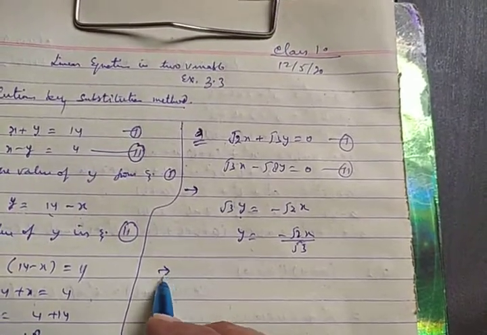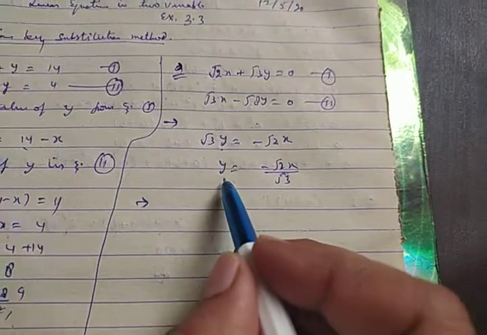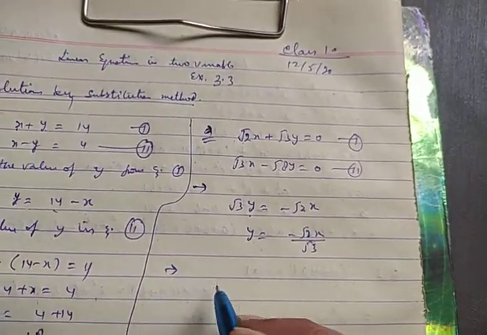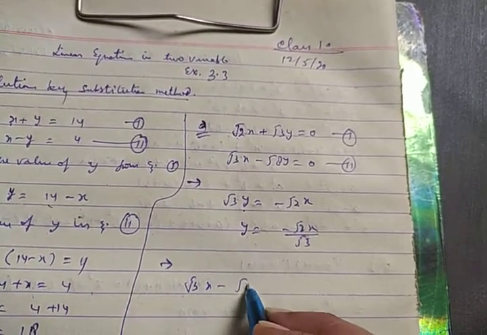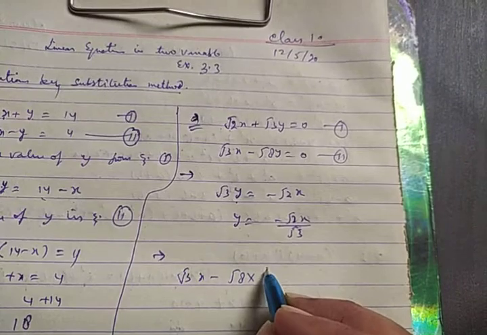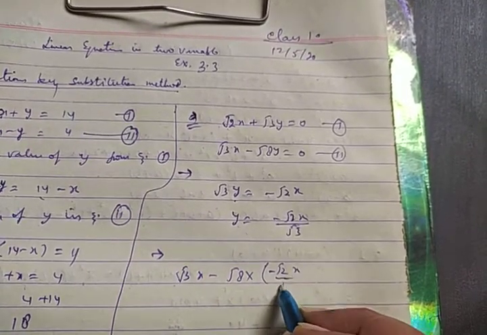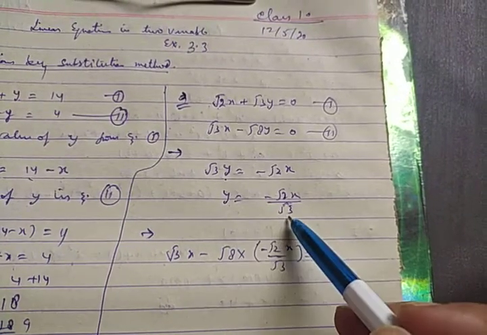Again the steps will be written similarly. Put this value of y in equation 2. This becomes root 3 x minus root 8 into minus root 2 x upon root 3 is equal to 0. In place of y, you are using this value.